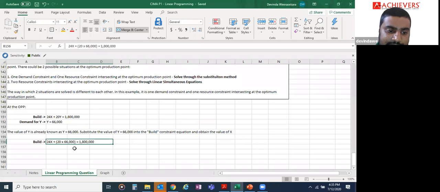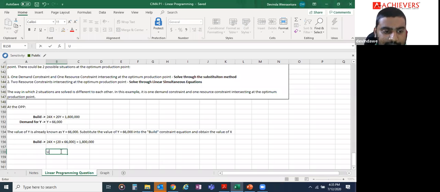I will say use the calculator method to solve and obtain the value of x.